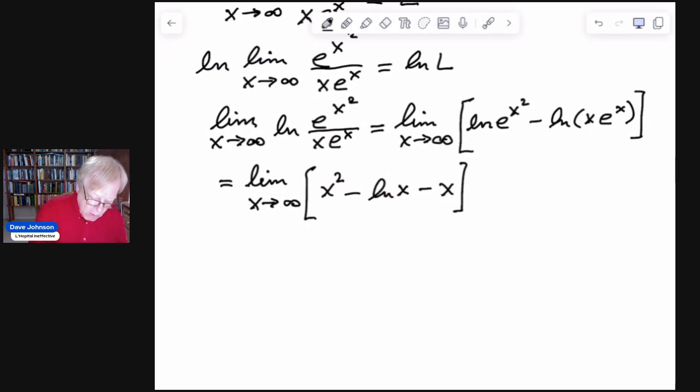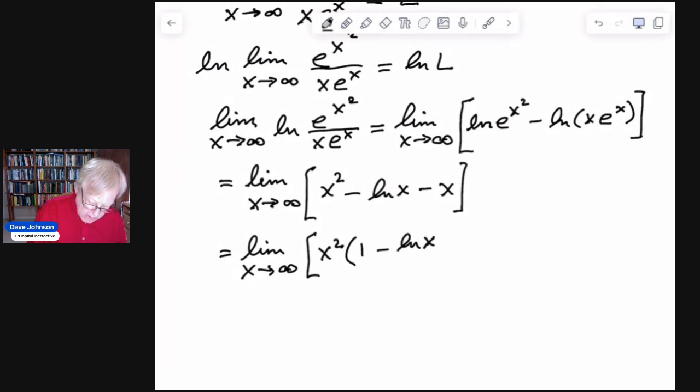So let me go ahead and write it and you'll see what's going to happen here. The limit as x goes to infinity, I'm going to factor out the x squared, and I get 1 minus ln x over x squared minus x divided by x squared, which is 1 over x.